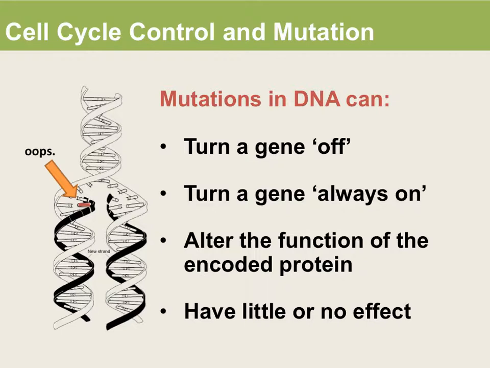If a gene gets turned on and it stays on, that can cause a problem. It can also, with a mutation, alter the function of a protein. So normally it makes a protein with a certain amino acid configuration, and if you get a substitution in a certain area, you'll end up with a protein that's, let's say, not functioning properly. Many times it'll have no effect, but sometimes it does.